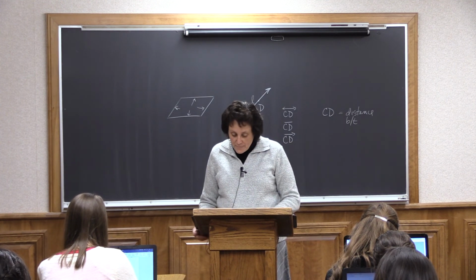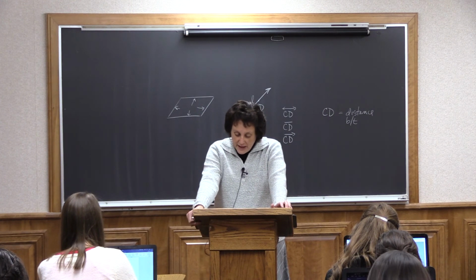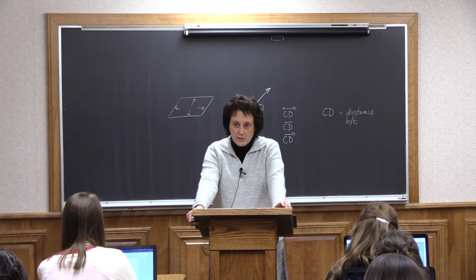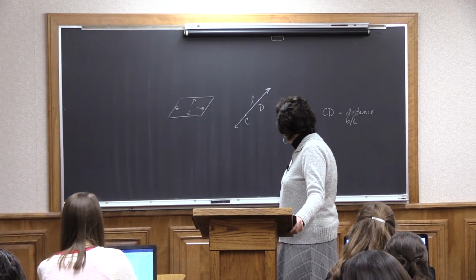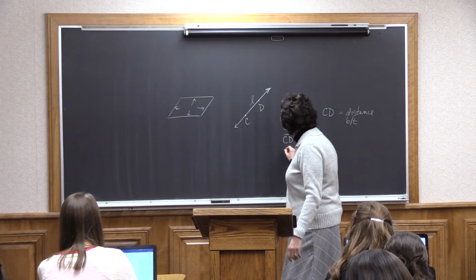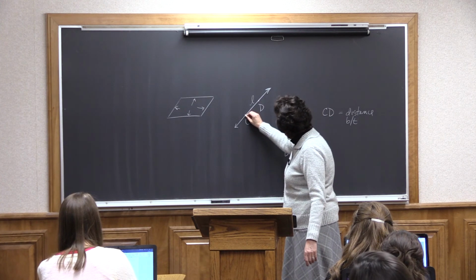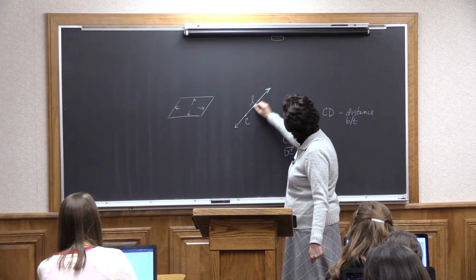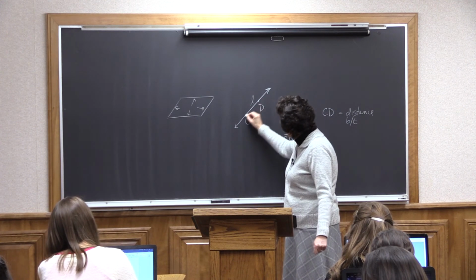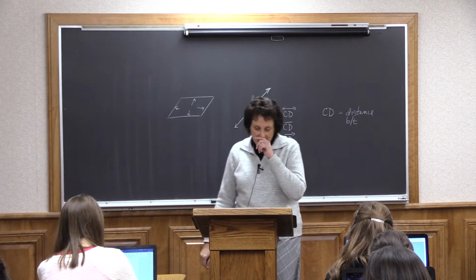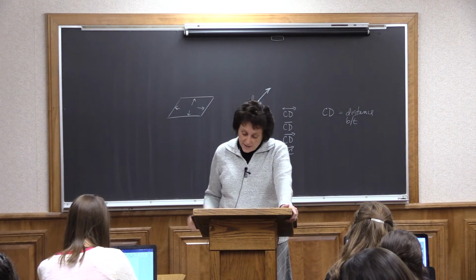Okay? So we can define segment and ray based on the line itself. So we have line CD, segment CD, and ray CD. We also have ray DC, because we can have this ray starting at C as its endpoint and extending through D, or we can have the ray whose endpoint is D extending through the other point C. So we have three different figures on that particular diagram.